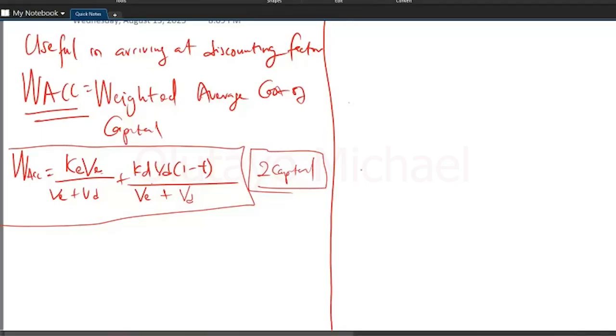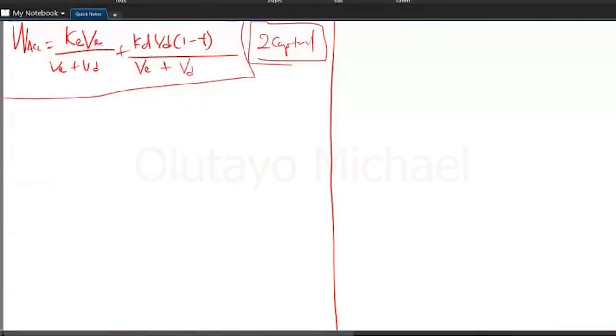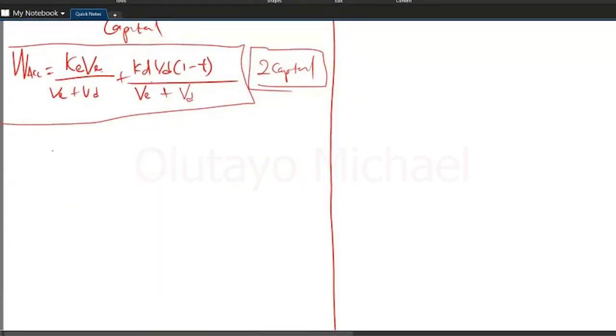So these two are the core basics for capital we employ to fund our business. That means we have equity and we have debt. I call them two basic capitals.